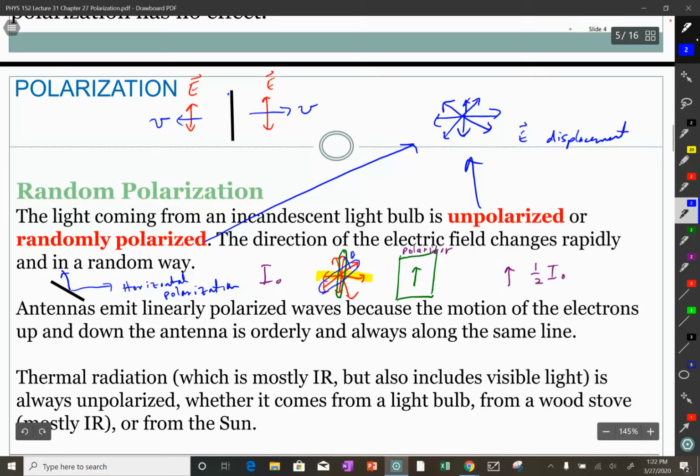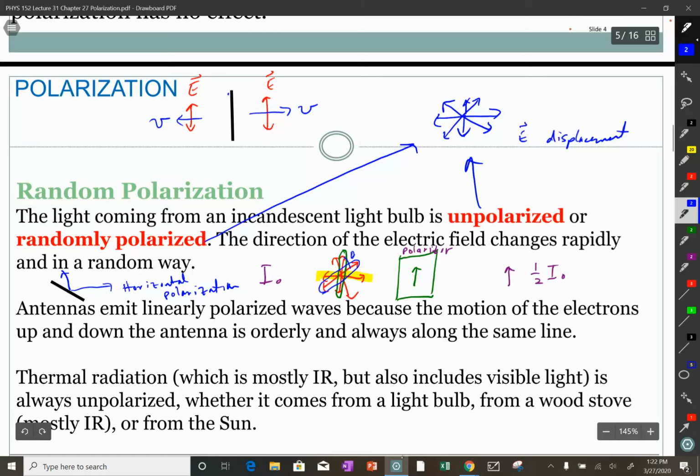Why is it horizontally polarized? Because you had electric fields in all directions. If the electric field was oscillating in a direction that it had to penetrate that surface, then it's going to be partially transmitted at least. If it is oscillating in a direction where it doesn't have to penetrate that surface, it will be completely reflected.